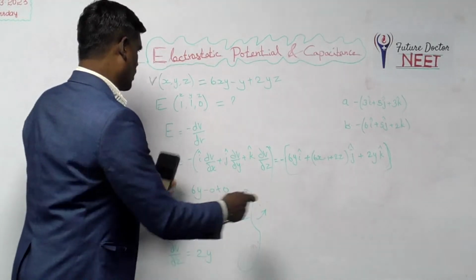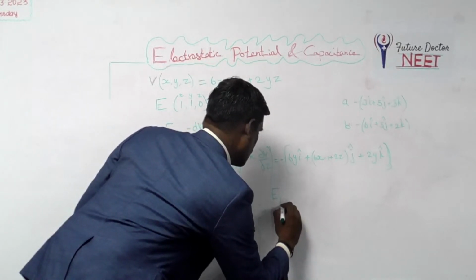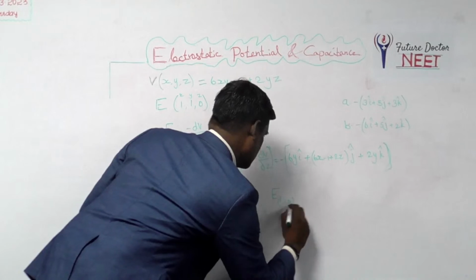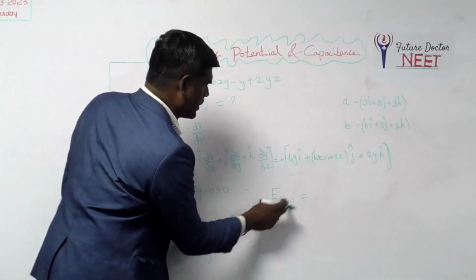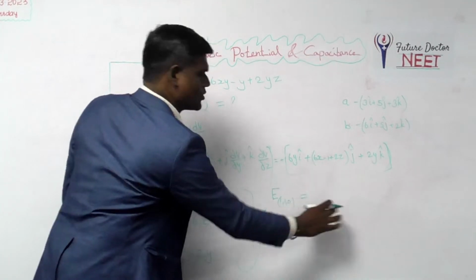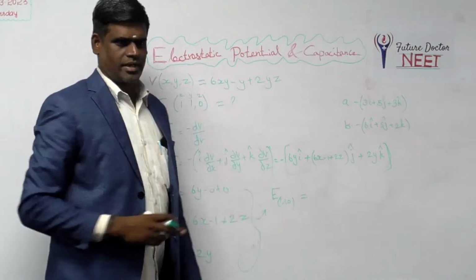That is E at (1, 1, 0): substitute x equal to 1, y equal to 1, z equal to 0, then simplify and check which option is correct.